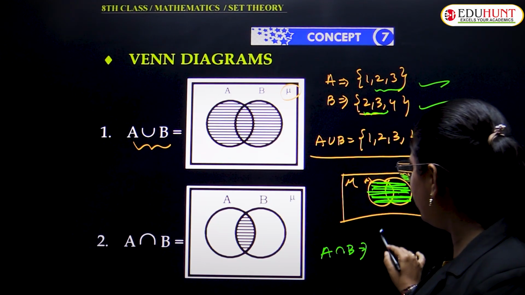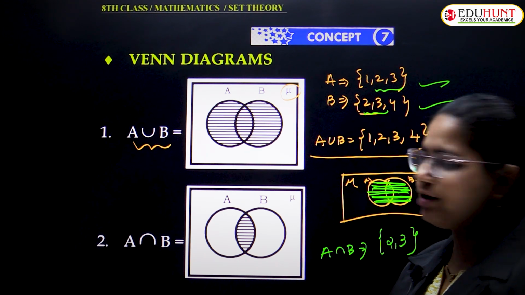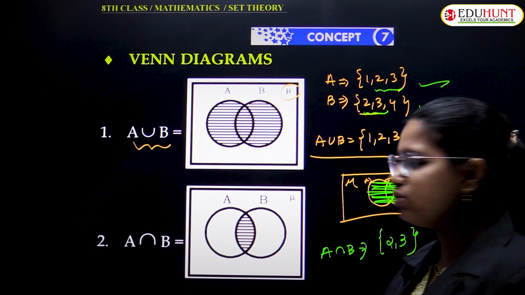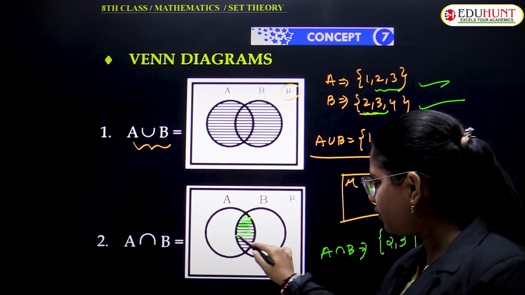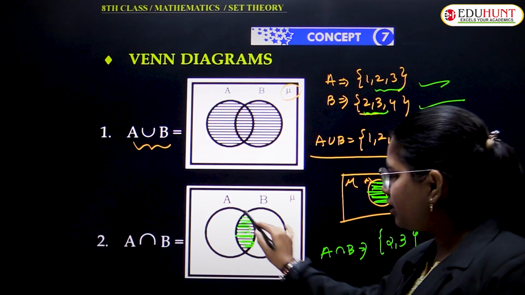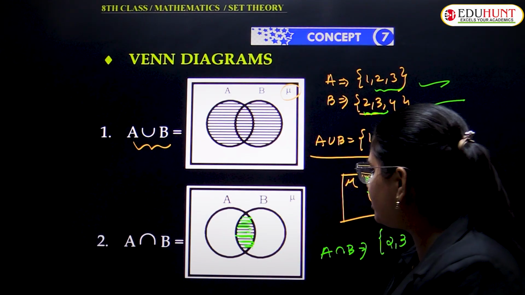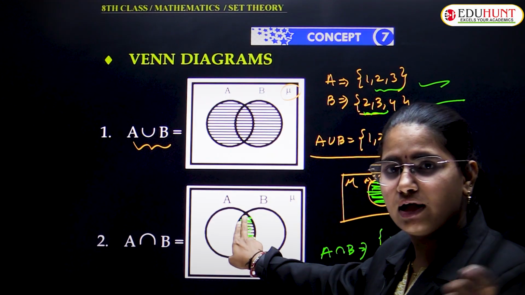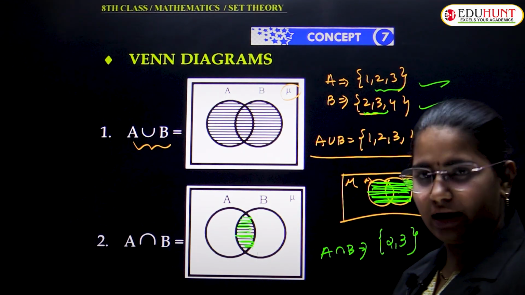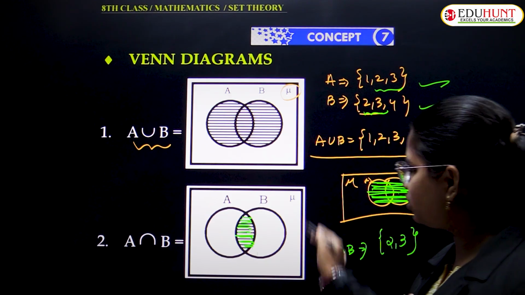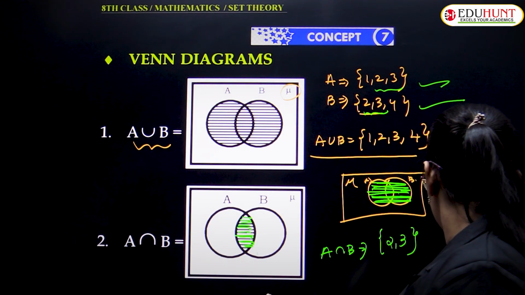So the common elements come under A intersection B. In the diagram, this is the common part you find in set A as well as set B. We do not take the elements only in A or only in B, just the common elements. Am I clear how to express A union B and A intersection B? Can I go to the next one?